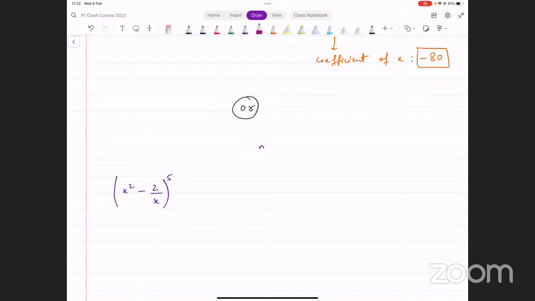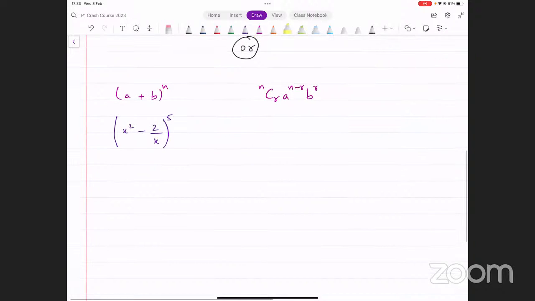That looks like this: nCr a raised to power n minus r into b raised to power r. Now compare it with the standard form, a plus b whole raised to power n. What do you have in place of a? In place of a, you've got x squared. In place of b, you have minus 2 over x. And in place of n, you have 5.